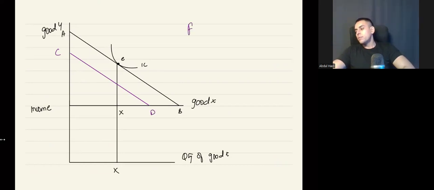Now this is my diagram of income decrease.